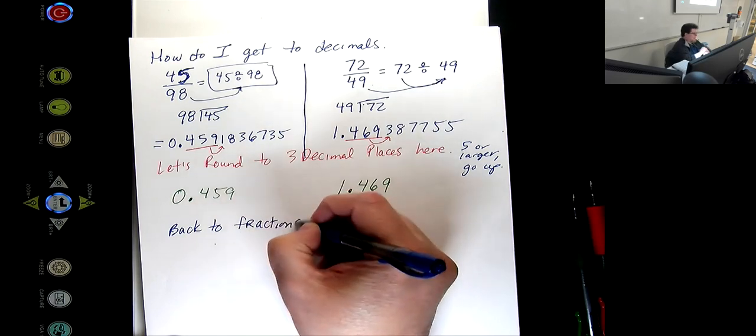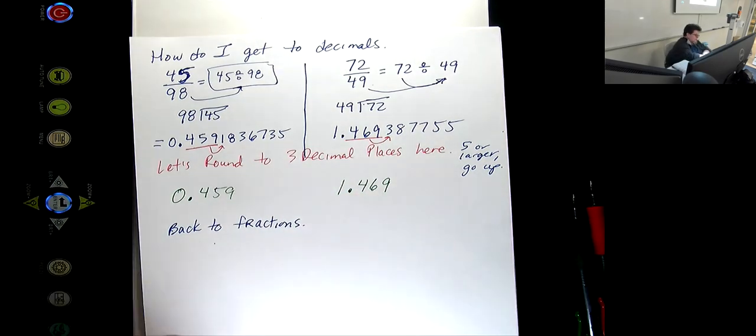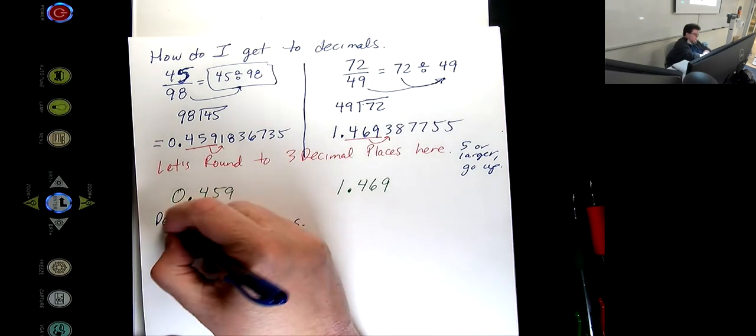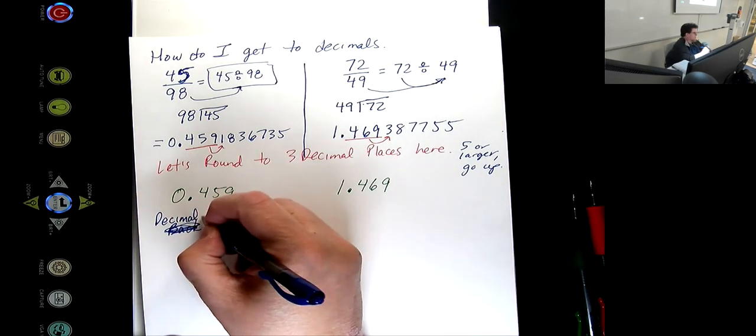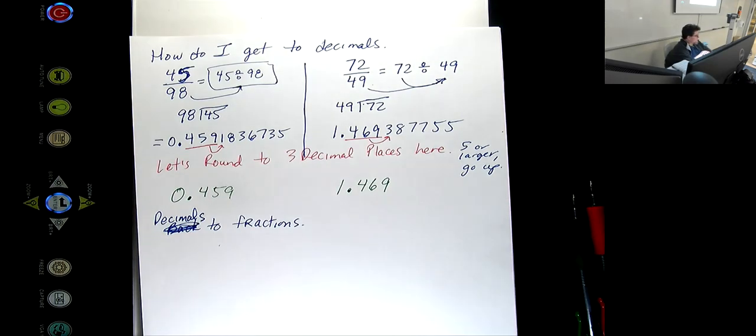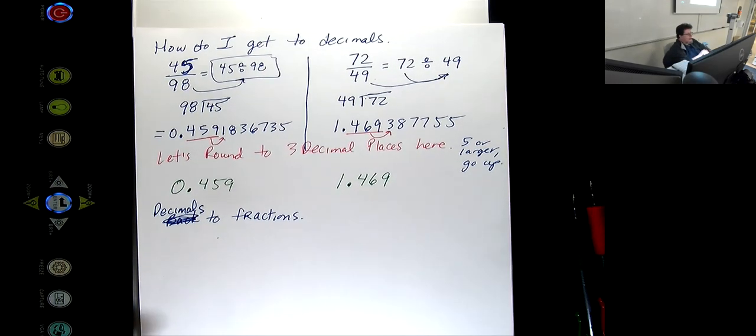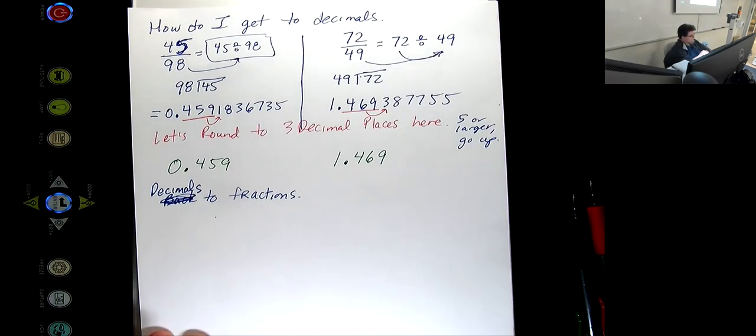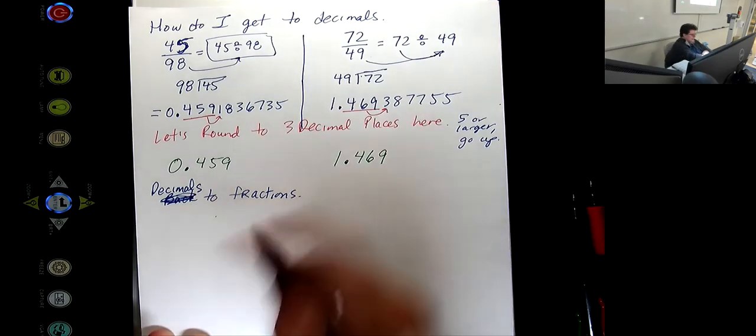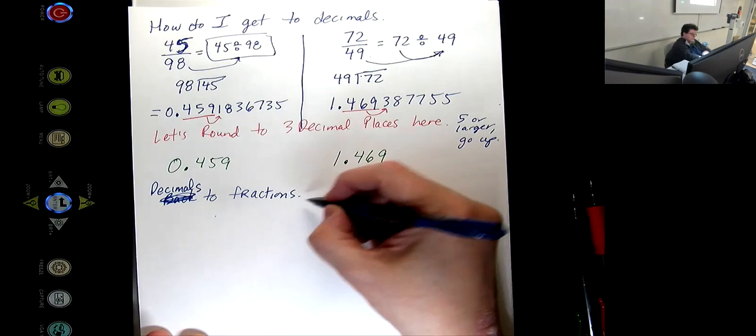Or maybe not back to fractions, but just decimals to fractions in the first place. If you never knew this was 45 over 98, I just gave you 0.459. How can you turn this into a fraction? Count the decimal places.